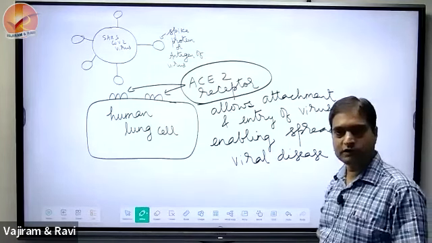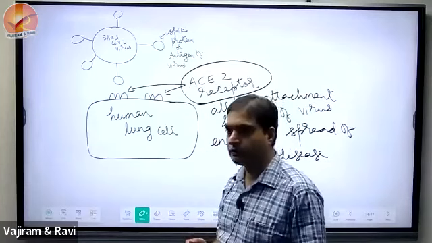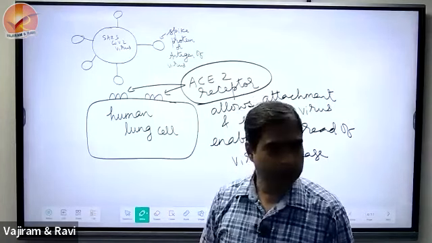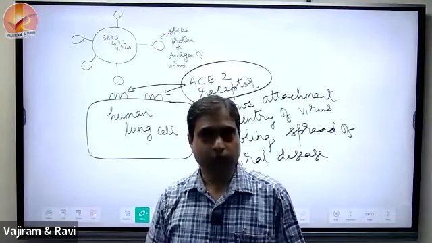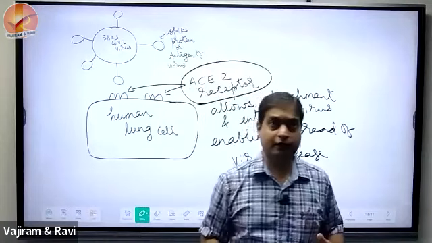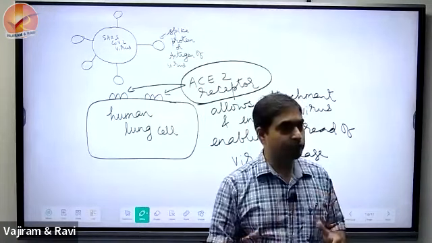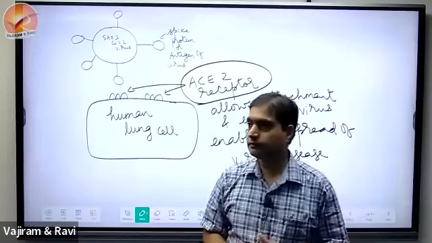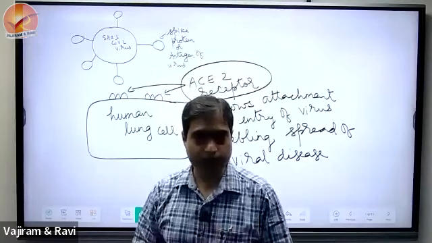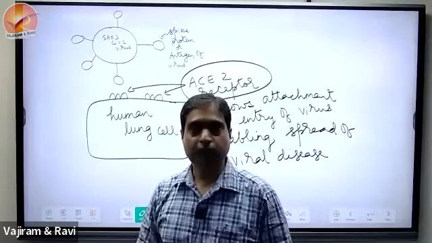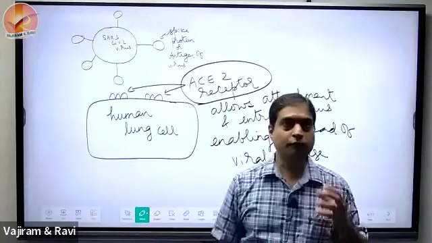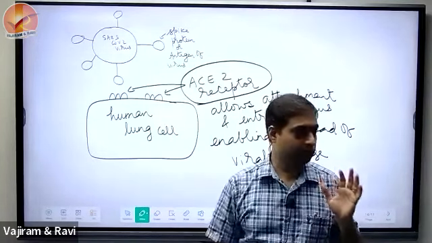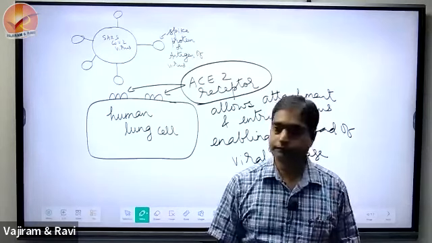Now, is it that the ACE2 receptor is present only to attract the virus? What is the role of the ACE2 receptor naturally in your body? First of all, ACE2 receptors are not only present over the lung cells, they are also present over the heart muscle cells and in your kidney cells also. Their biological role in the human body is to maintain blood pressure. Maintain what? Blood pressure.